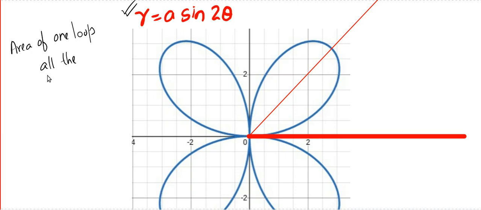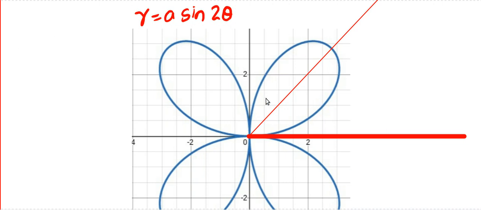So make sure you read the question properly. Don't jump to a conclusion by just looking at the question. If the question is area of one loop, then you have to find the area of only one loop. If the question is find the area of all the loops, then you have to multiply by some number so that you will get the total area.